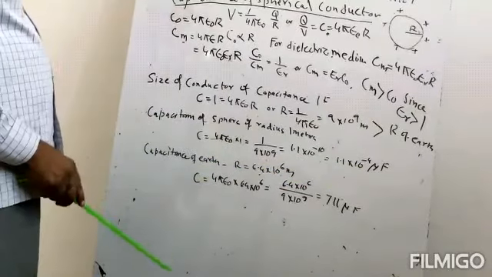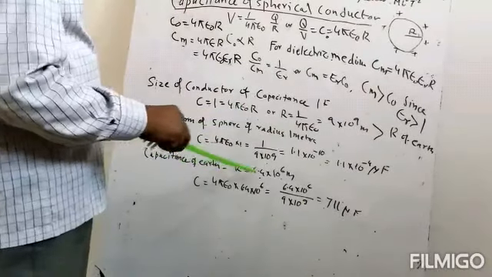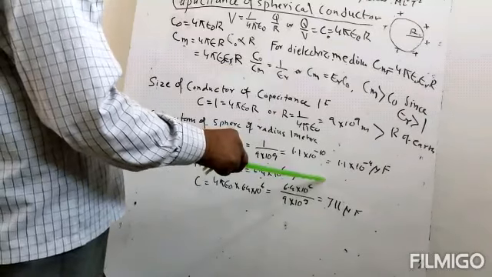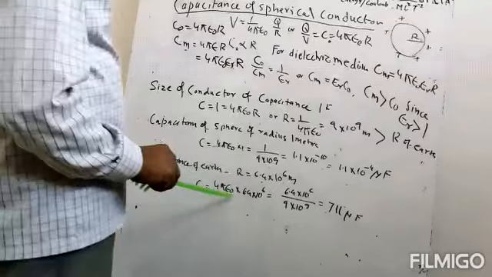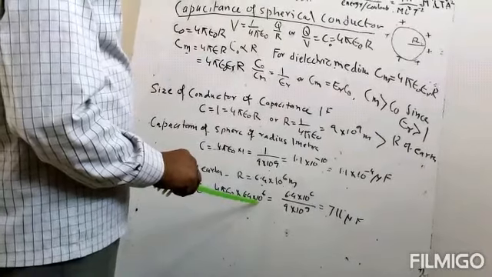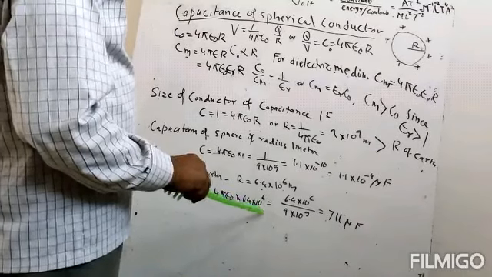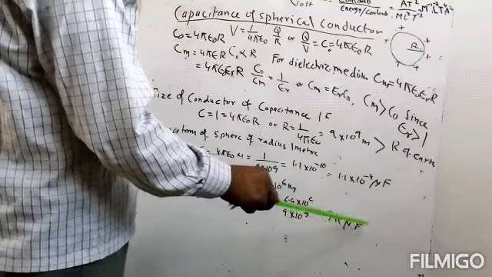Now if you want to find the capacitance of the earth, the radius of earth is 6.4 into 10 raised to power 6 meter. So this capacitance will be equal to 4 pi epsilon 0 into radius of earth, that is 6.4 into 10 raised to power 6. So the result will be equal to 711 microfarad.